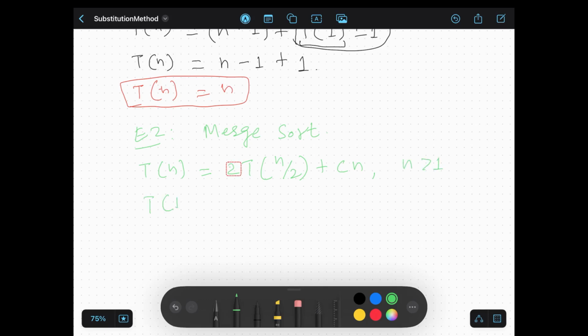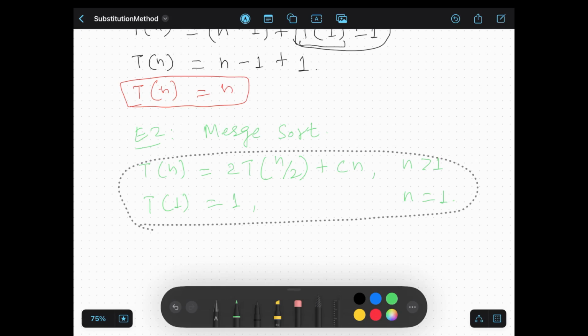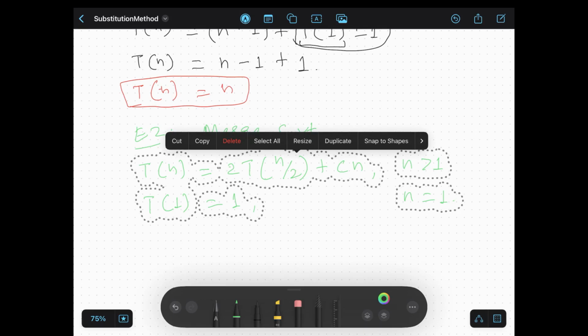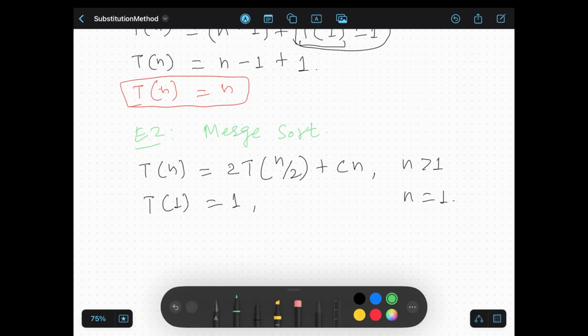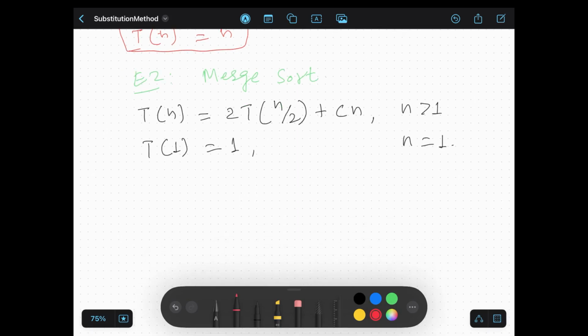And the base case. Right. So let's do a guess.